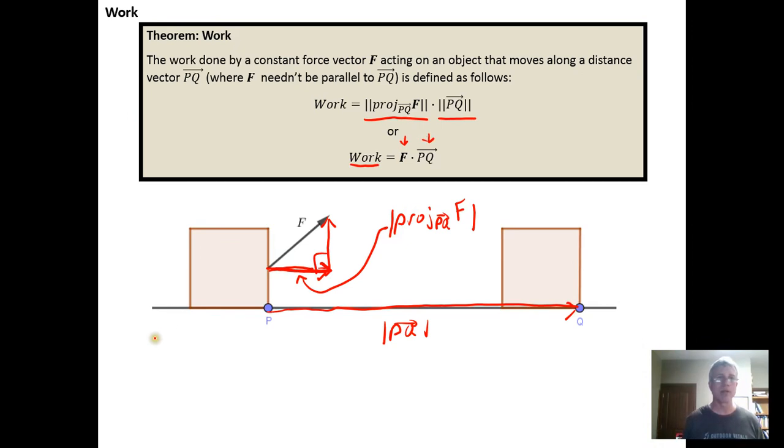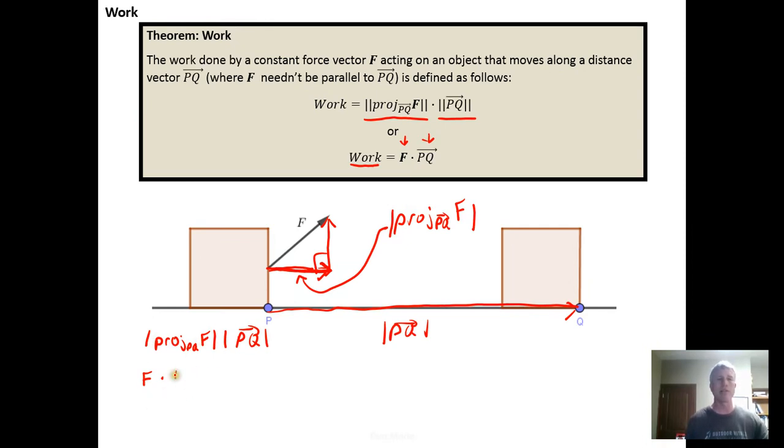If we have work being defined as the size of the projection onto PQ of the force vector F multiplied by the size of PQ, all we need to do is remember how the projection vector has been defined. Remember from our previous videos, the projection vector itself is defined to be F dotted with PQ, the vector onto which you are projecting.